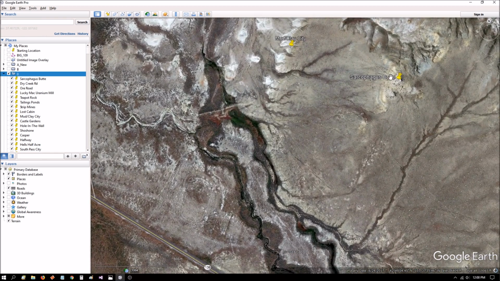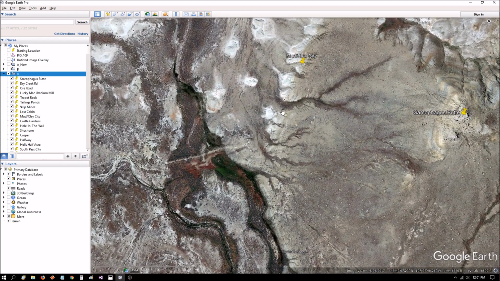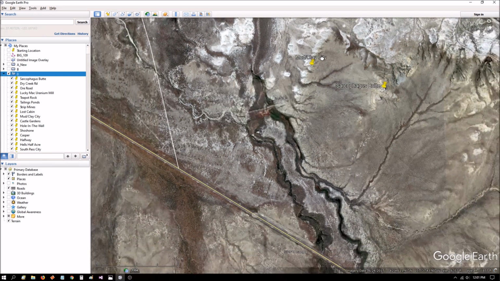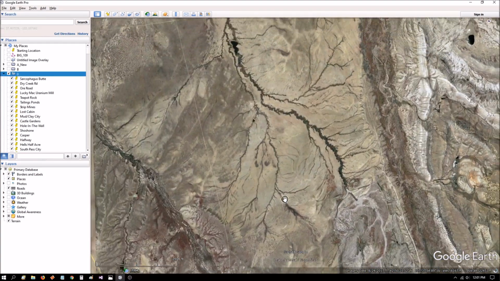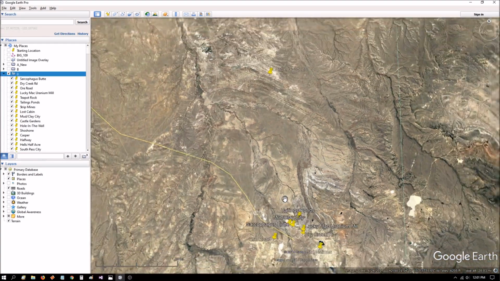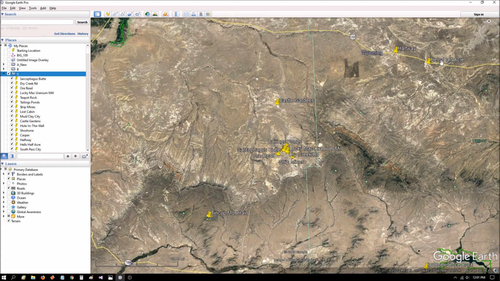Now, many of the people that come here to visit, tourists and probably searchers, there's a path over here, and this is a mud and clay city. This is the ruins. And, north of that is Castle Gardens, which is up here. And then Hell's Half Acre is over here.